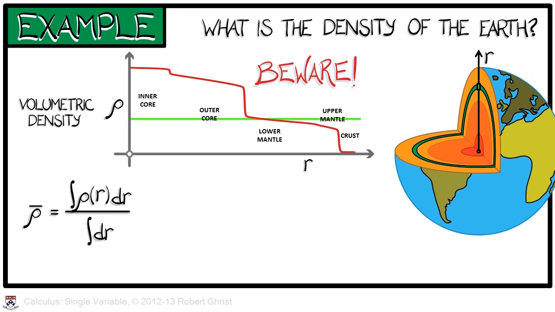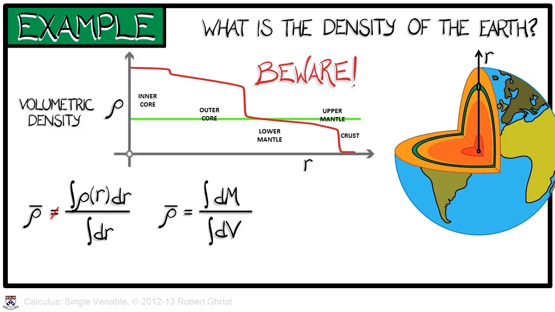Rho bar is not the integral of rho of r dr over the integral of dr. That is not what it is, because of course, rho is a volumetric density. And so our integration must be done with respect to the volume form. Rho bar is the integral of rho dv over the integral of 1 times dv.